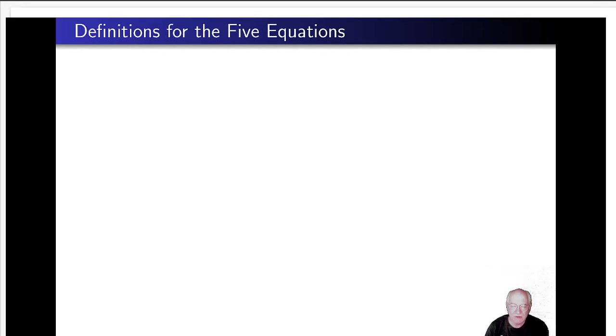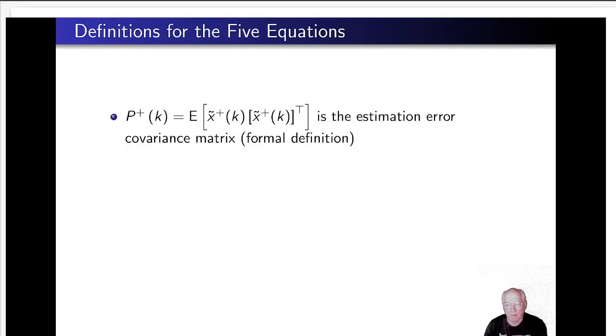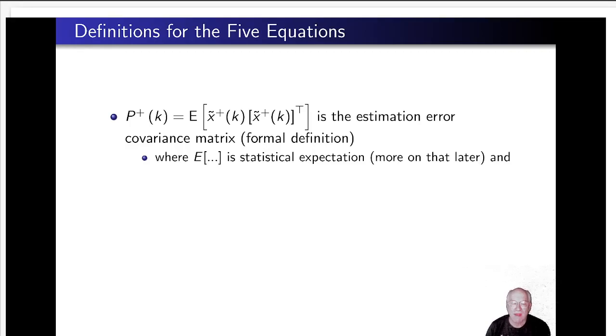So there are some definitions for each of the matrices that are in these equations. P plus k is technically formally defined as being the estimation error covariance. So x tilde plus is the updated estimation error. And so we take that vector and multiply it times its transpose, and then take the statistical expectation of that matrix. And we'll talk much more about that later.